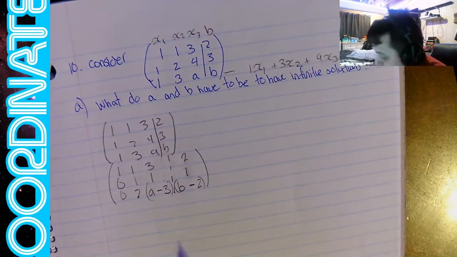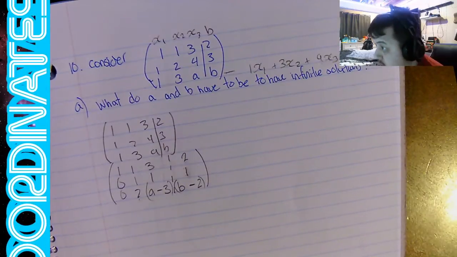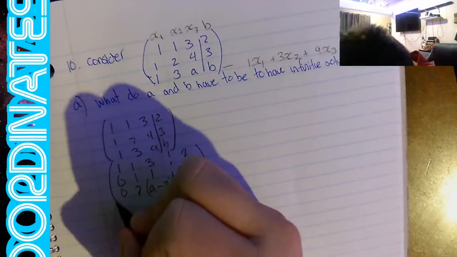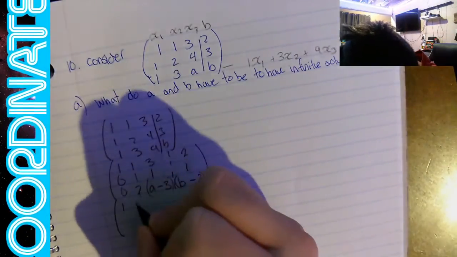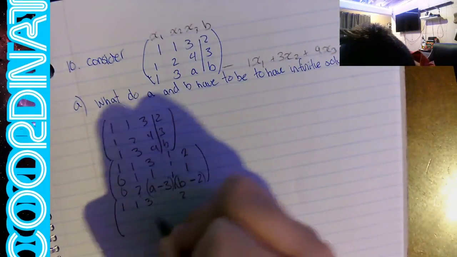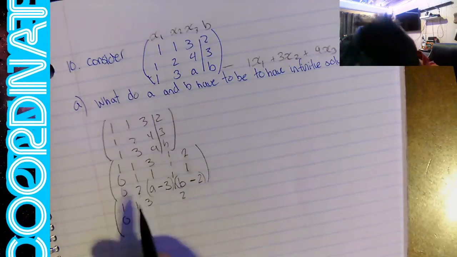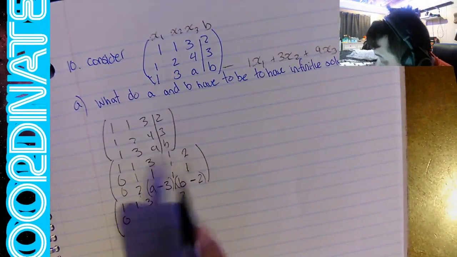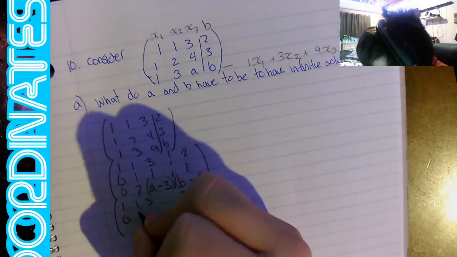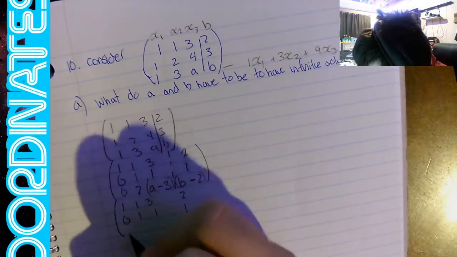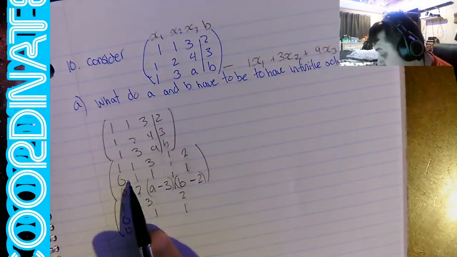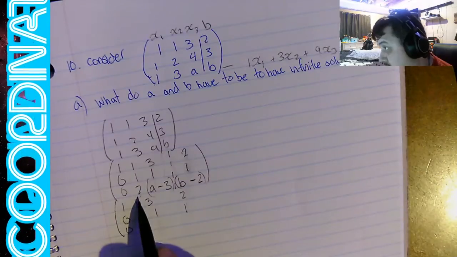Now, I want to get rid of this too. Well, we just keep going. We multiply this whole line by negative 2, and we add. So again, we're going to keep this line up here. This is going to become 0 because negative 2 times 1 plus 2 is 0.